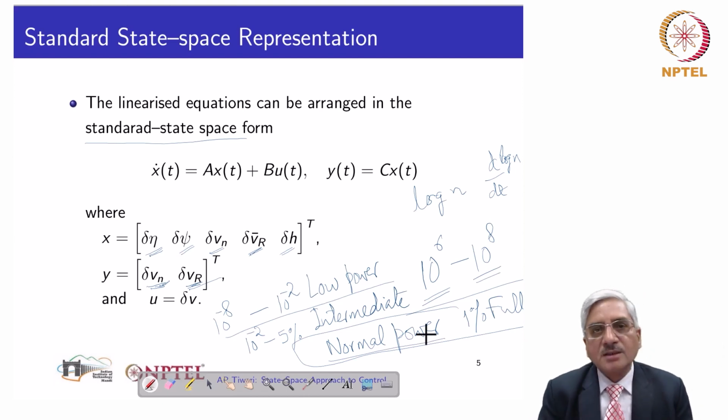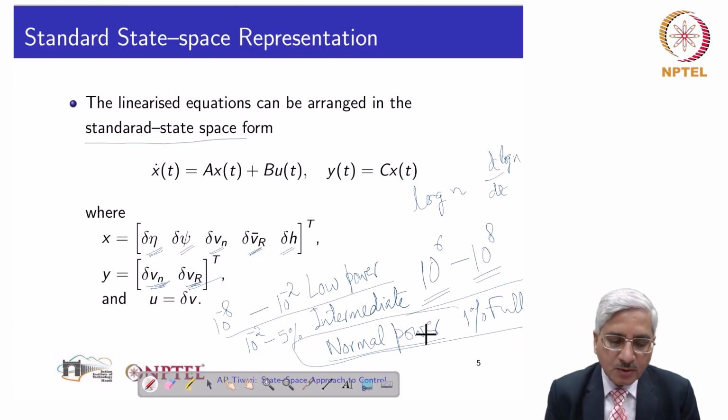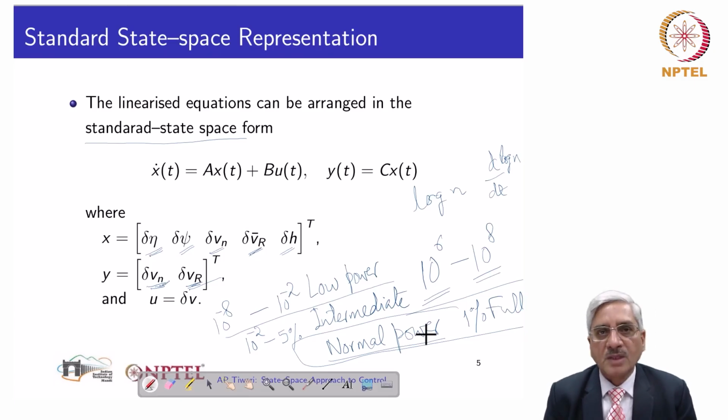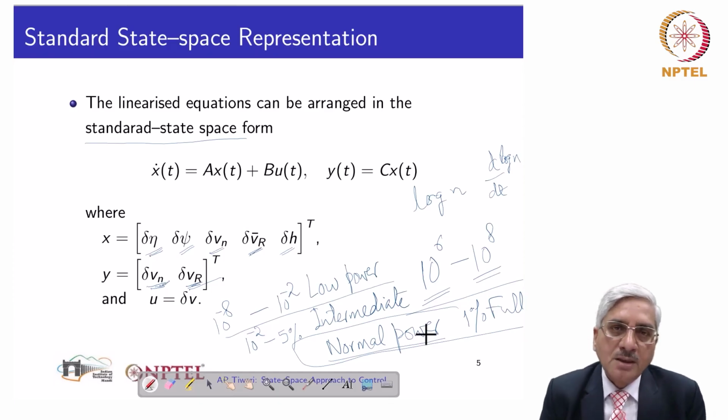So things are a little more complicated as far as the control in the low power and intermediate range is considered. Principles remain the same, however, the system has to be designed considering the instrumentation in that range. So this is a point that has to be remembered, meaning that the nuclear reactor control which we are considering in the normal power regime is not necessarily valid in the intermediate range and the low power range.